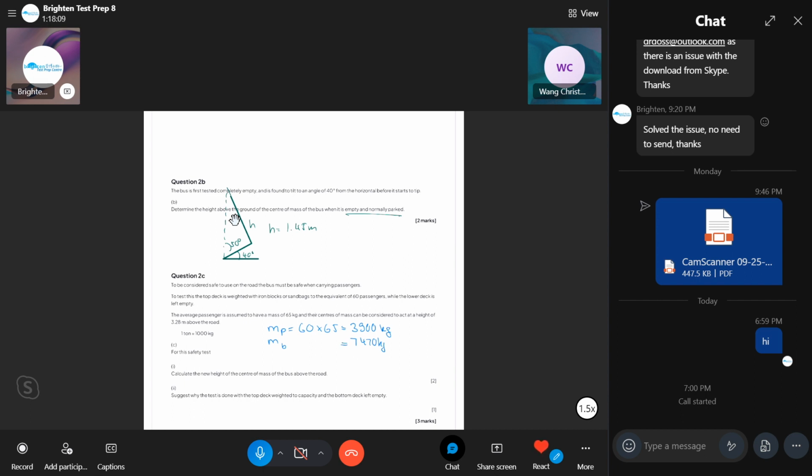And now they say the center of mass acts at a height of 3.28 meters above the ground. So they're on the top deck. That's the idea.